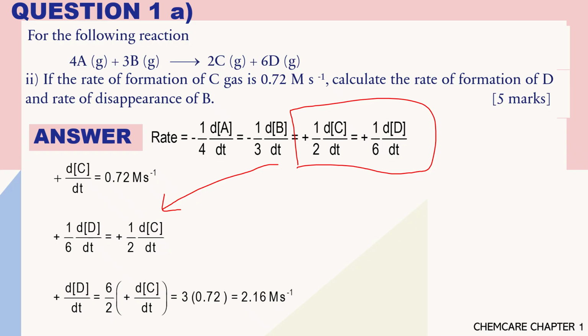So we take the relationship between C and D from the differential rate equation. Positive 1 over 6 dD over dt equals to positive 1 over 2 dC over dt. Then we insert the value of dC over dt equals to 0.72 into the equation. Then we will get the positive dD over dt equals to 3 times 0.72.